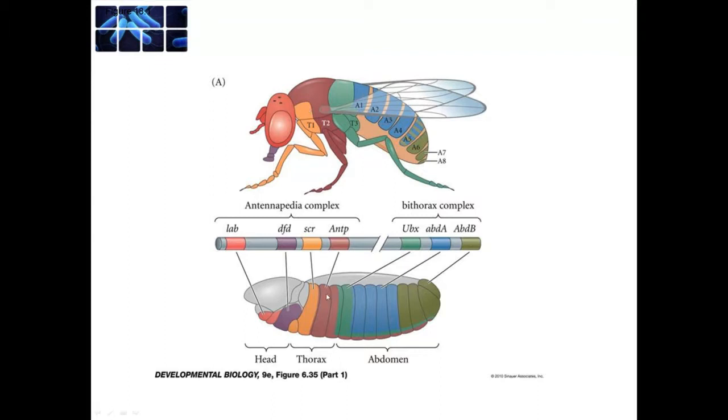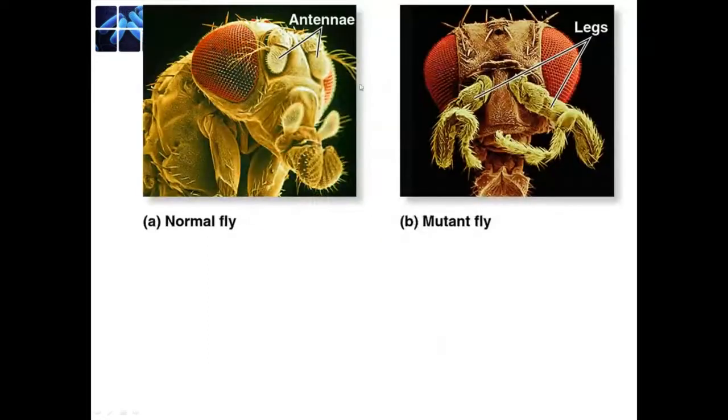If you misexpress that in this segment, if you put it under the wrong control, if you express it in the wrong place at the wrong time, what happens is the fruit fly ends up having, instead of antenna coming out of its head, legs coming out of the head, as if the fruit fly were to think that was its middle segment where the legs were supposed to be.